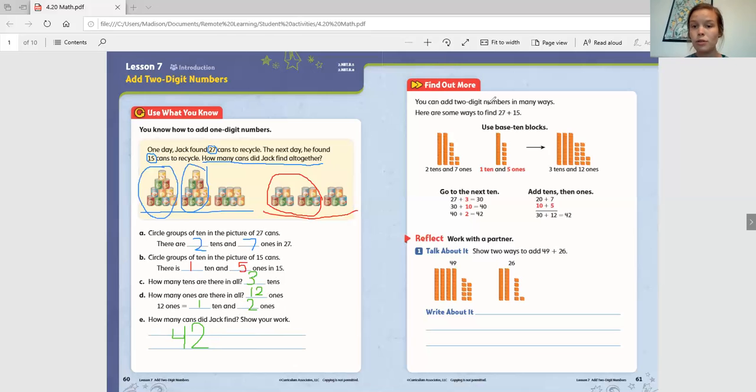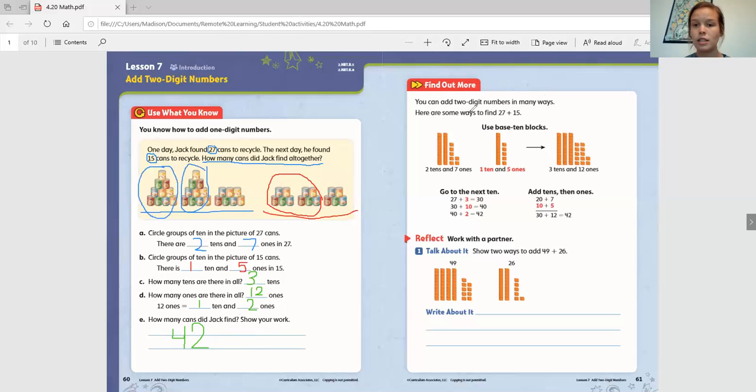As we go through these, we're going to be using some different ways that we can add two-digit numbers, and you can try to figure out which method you like to use best. Let's look over here where it says find out more. You can add two-digit numbers in many ways.